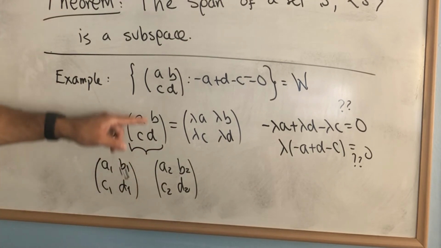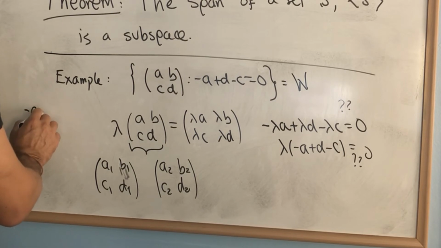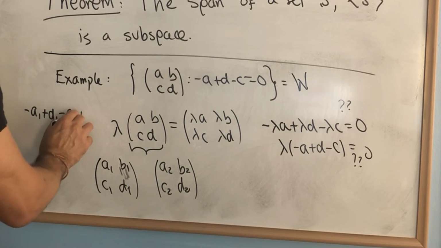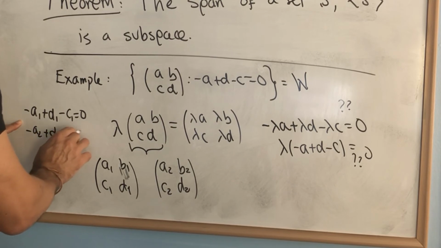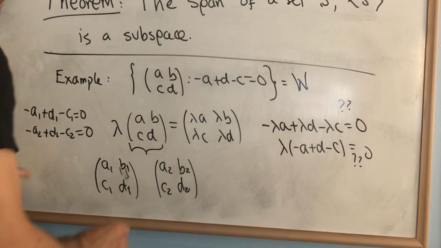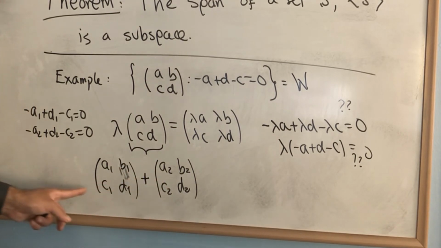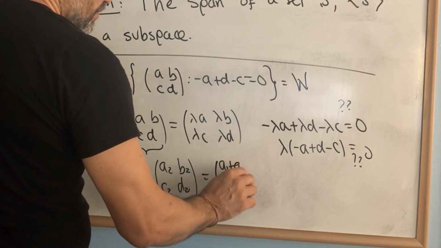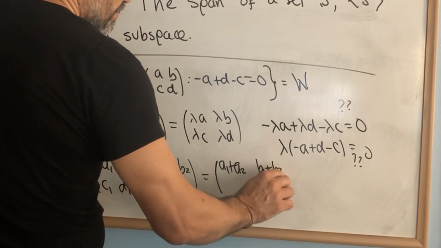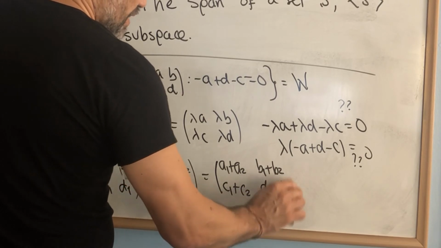Let's suppose that these two matrices are in W. That means that negative A1 plus D1 minus C1 is 0, and negative A2 plus D2 minus C2 is 0. But then we need to prove that if we pick two matrices in W, then when we add them, it's still a matrix in W. What do we get? We get the matrix A1 plus A2, B1 plus B2, C1 plus C2, and D1 plus D2.